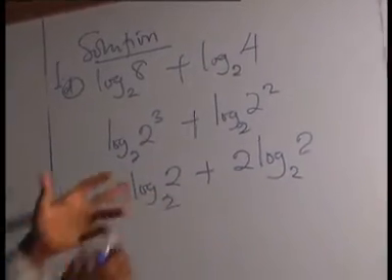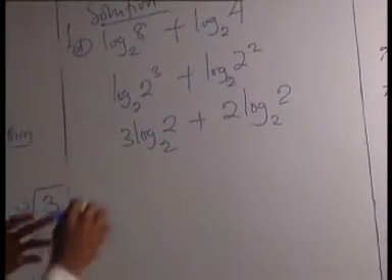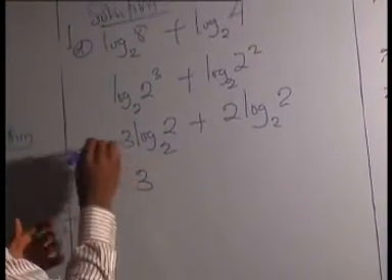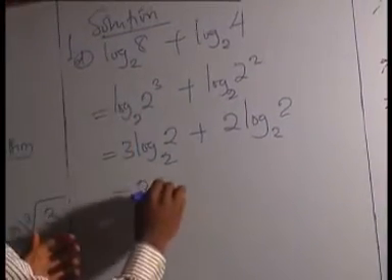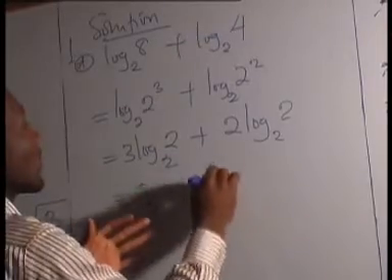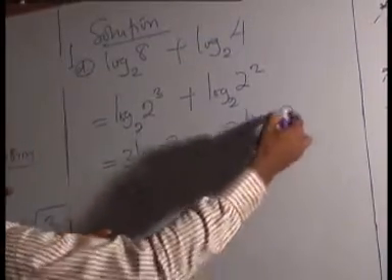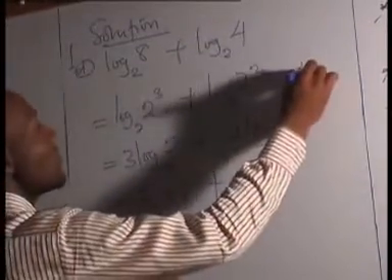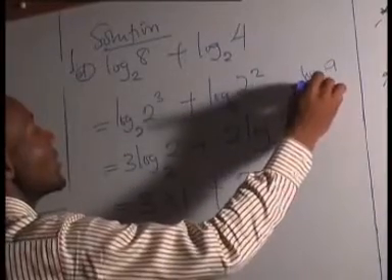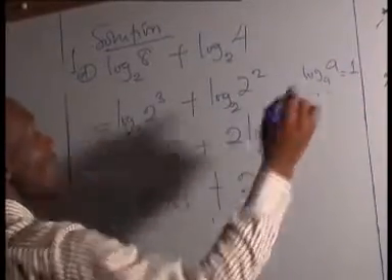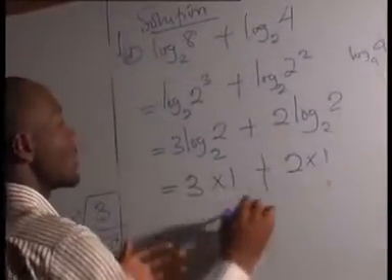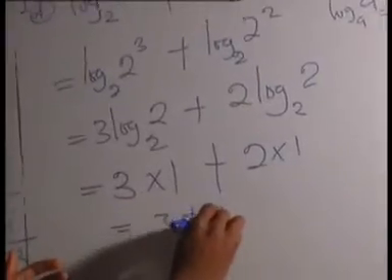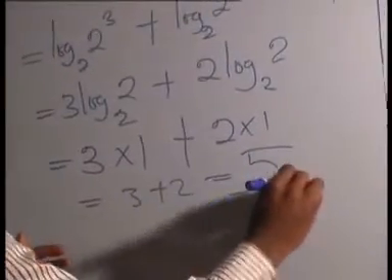The same base with the log. So our law is that one is going to turn to 1. It's like 3 times 1, plus the same thing happens here. The logarithm of any number to the same base is what? 1. So you're going to have 2 times 1. So this is 3 plus 2. And your answer is what? 5.